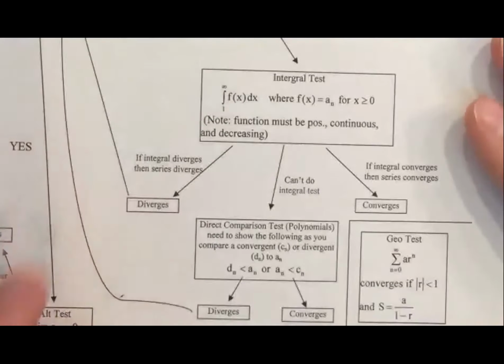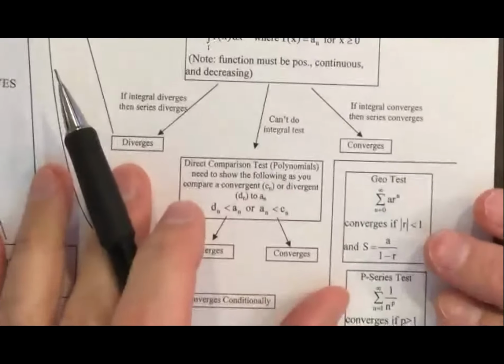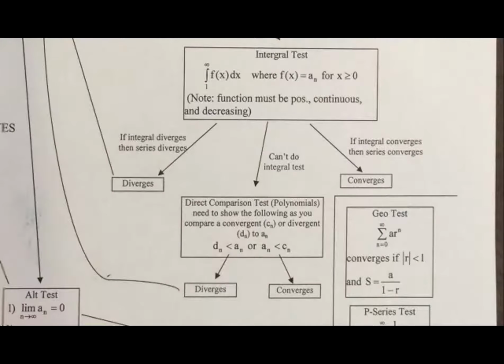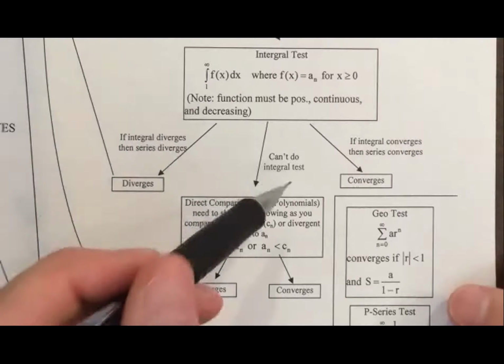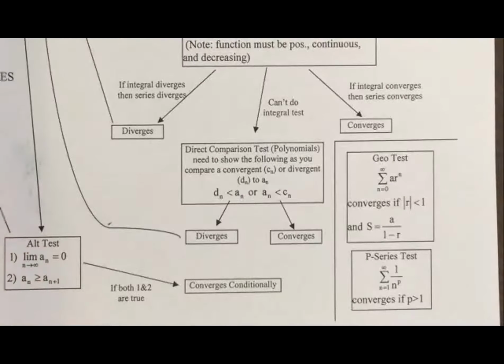Given that we haven't decided yet, we're going to then try the integral test, and we're going to talk about the integral test today. So we're going to learn that one. If the integral test can't be done, then we're going to do the direct comparison test, which I was talking about a little bit earlier.